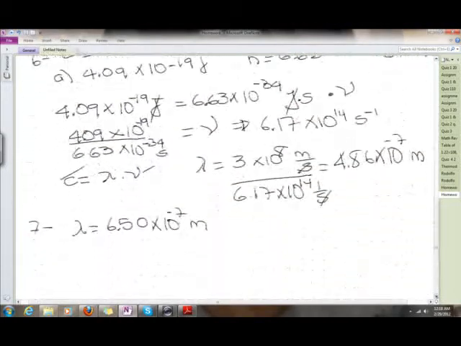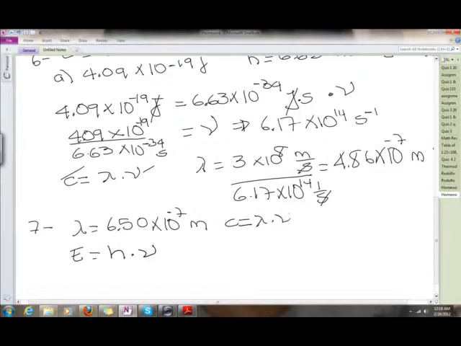So let's calculate the Planck energy per photon, using the frequency. Again, we do the same thing: speed of light equals wavelength multiplied by frequency.